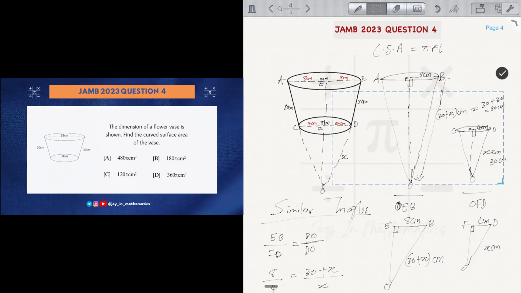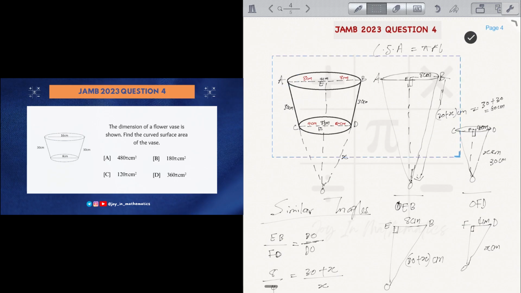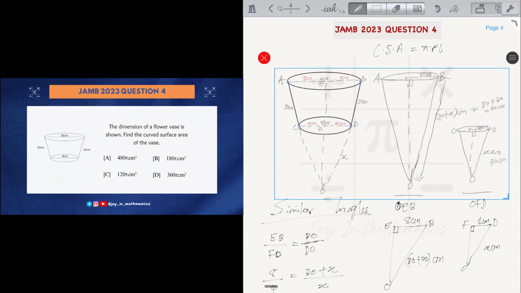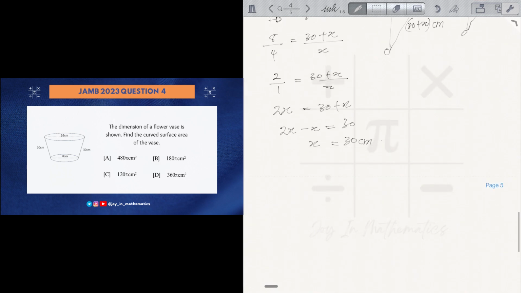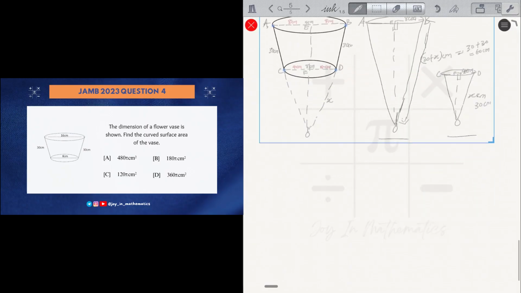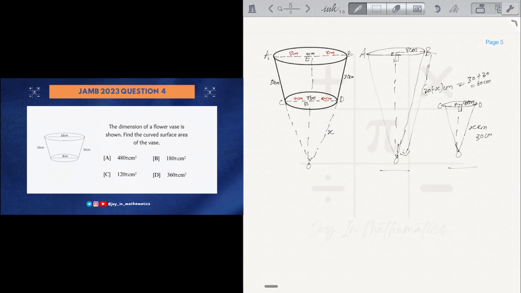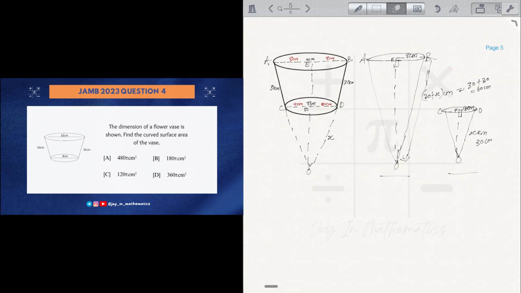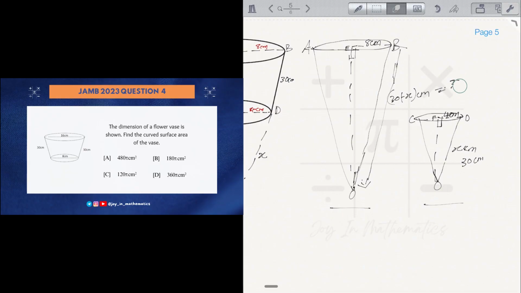Or let's just copy this and we'll edit. Now we have BO to be 60 centimeters and DO to be 30 centimeters.